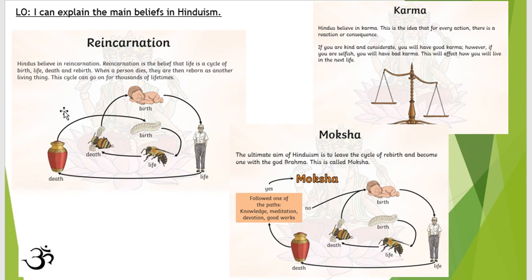They have to seek the truth through yoga, meditation and devotion to God. And of course, they have to achieve their dharmas or their duties. And they have to work selflessly for the good of their society. You'll remember that they believe that for every action there is a reaction. So good will always equal good.